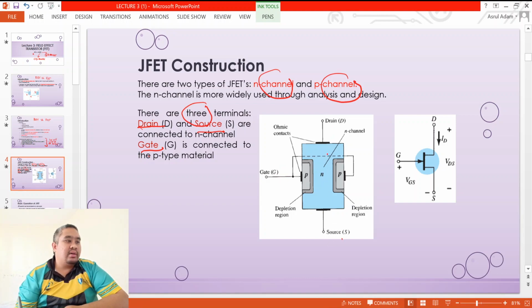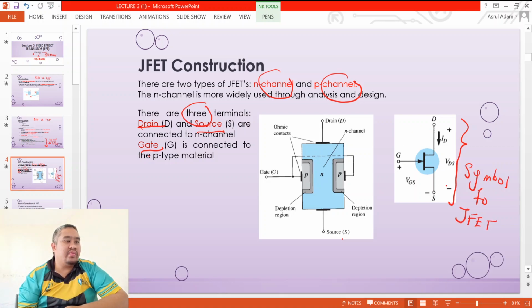The N channel is in the middle of the material, and we have P type here and here, and in between P and N we have the depletion region. This one is the symbol for the JFET.